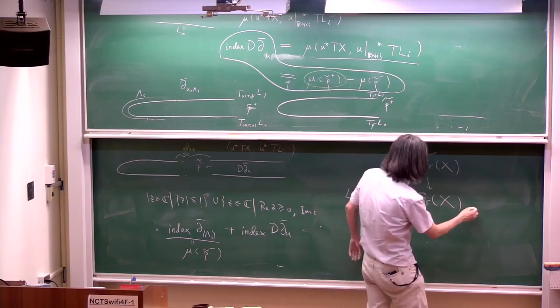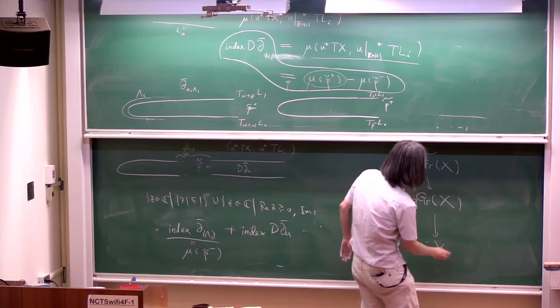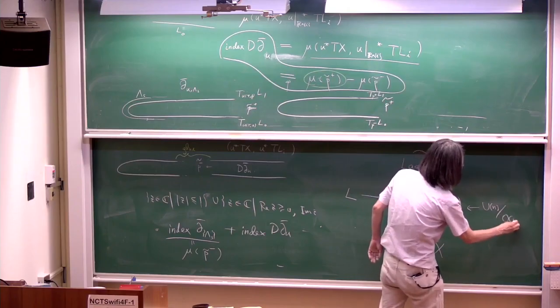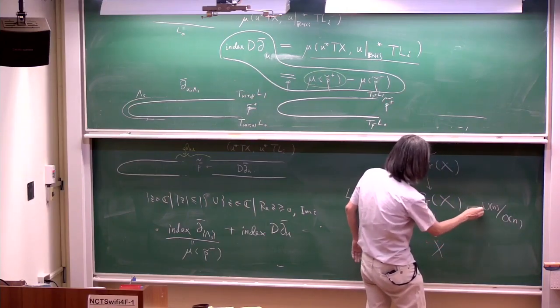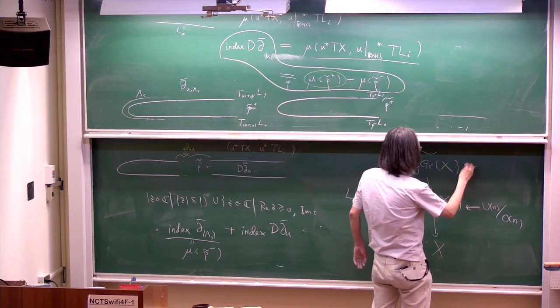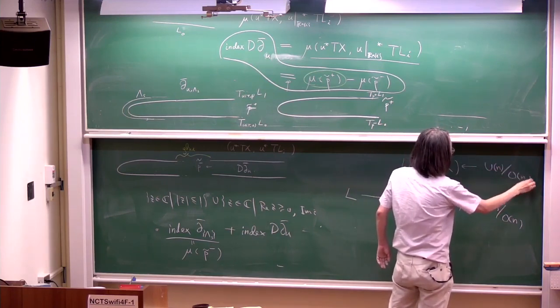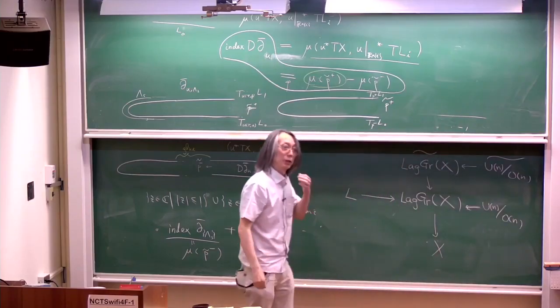Here is the bundle over X, and here you have UN over ON, which is just the fiber, and then what you're talking about is taking its universal cover, right?